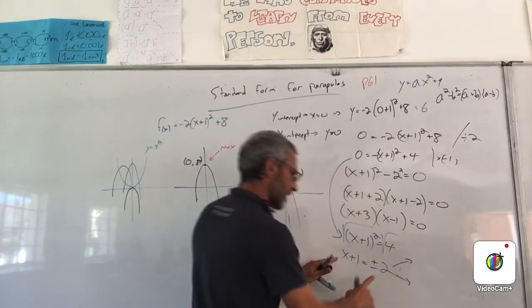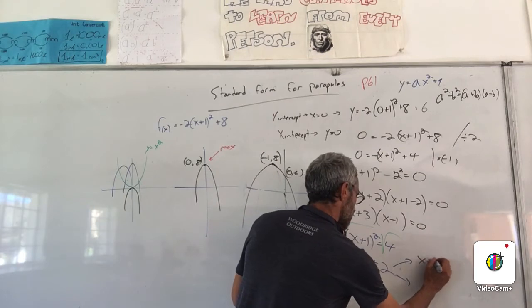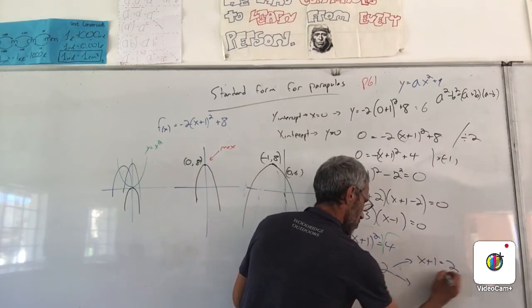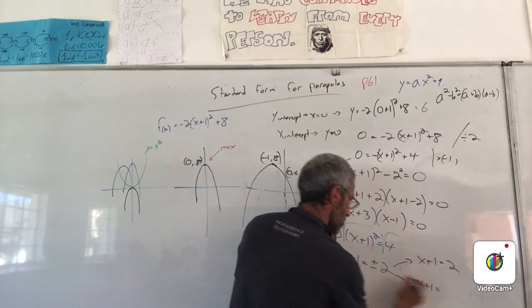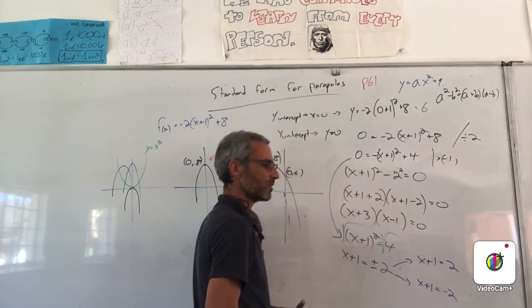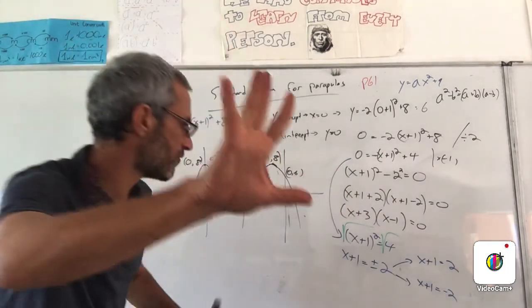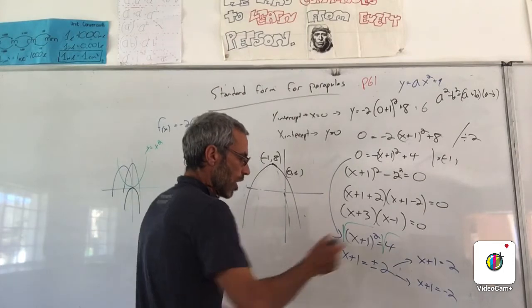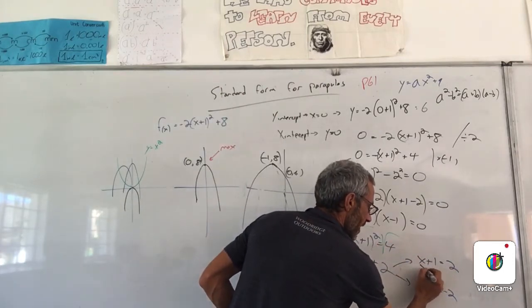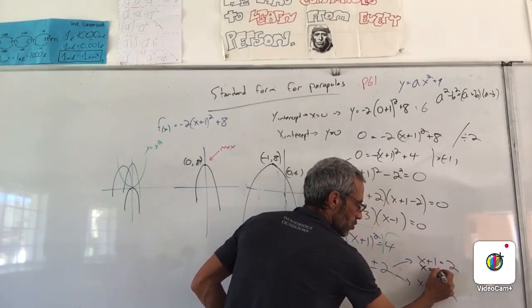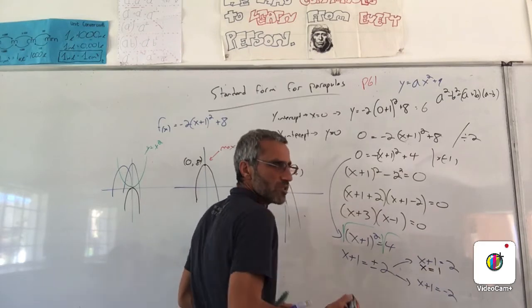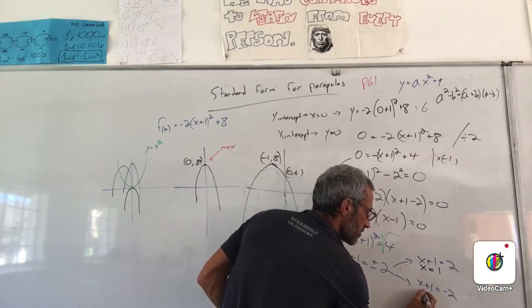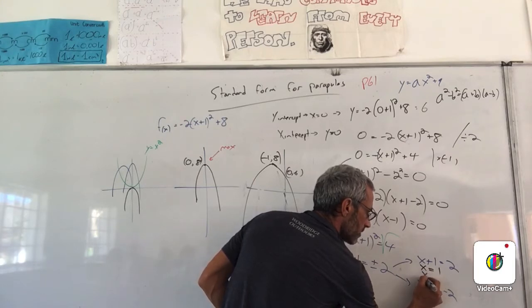So that leads to 2 equations. Either x plus 1 equal to 2, or x plus 1 equal to minus 2. Right, let me just finish and then I'll answer, okay? So I'm going to solve both answers, right? The answer to this solution is basically x equal 1. I just did minus 1. And the answer for this solution, I'll write it above here, is x equal minus 3, right?